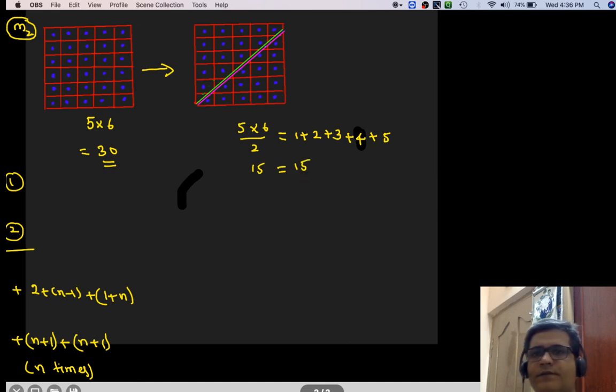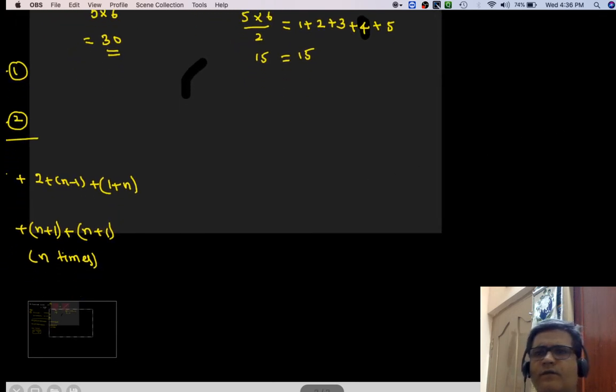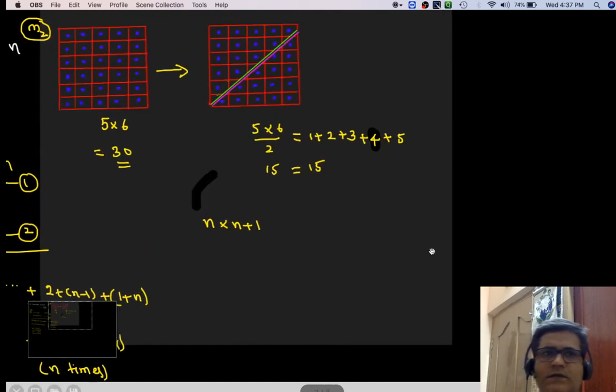Now in general, you take a grid of n by n plus 1. That is, you take n columns and n plus 1 rows.